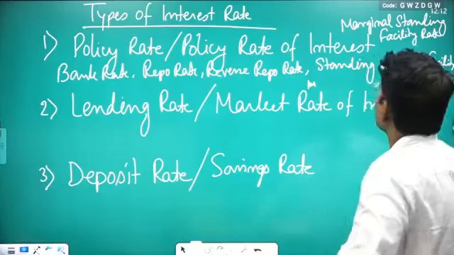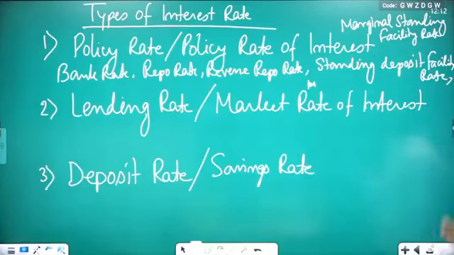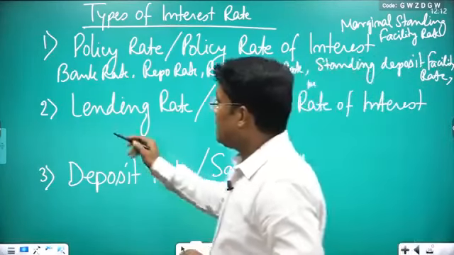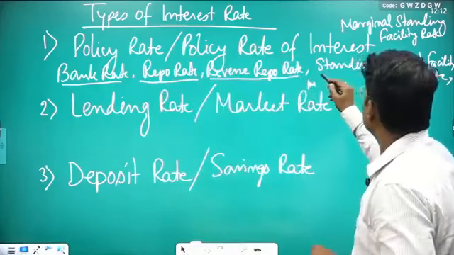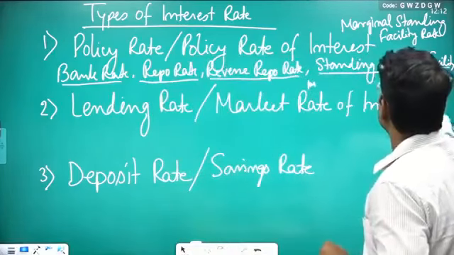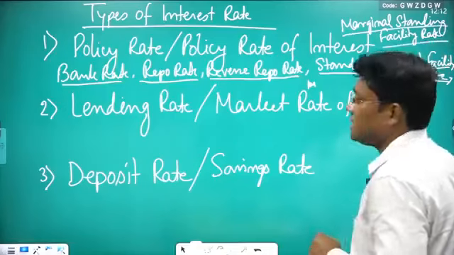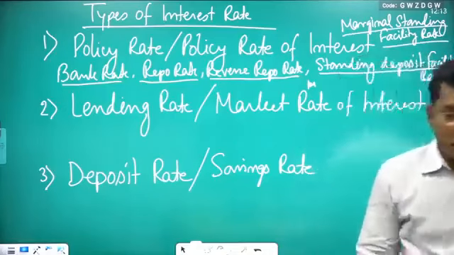Check. These are known as the policy rates: bank rate, repo rate, reverse repo rate, standing deposit facility rate, and marginal standing facility rate. These are known as the policy rates.